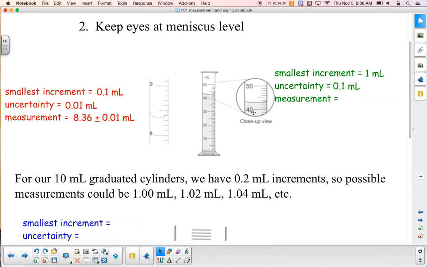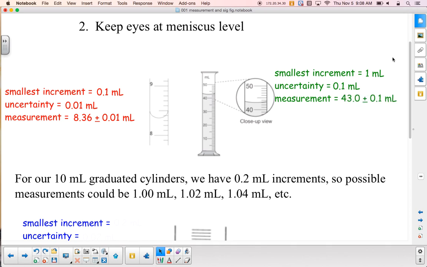And as I look at the bottom of my meniscus, I know that I am past 40, but not yet 50, so I know the 4 for certain. Here's 41, 42, 43. And it looks to me that my meniscus is exactly on the 43 mark. Knowing that my measurement and my uncertainty have to end at the same place, I'm going to have to write 43 so that it goes to the tenths place.